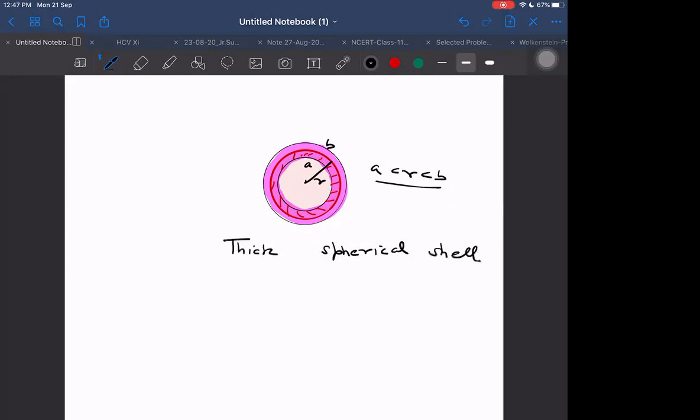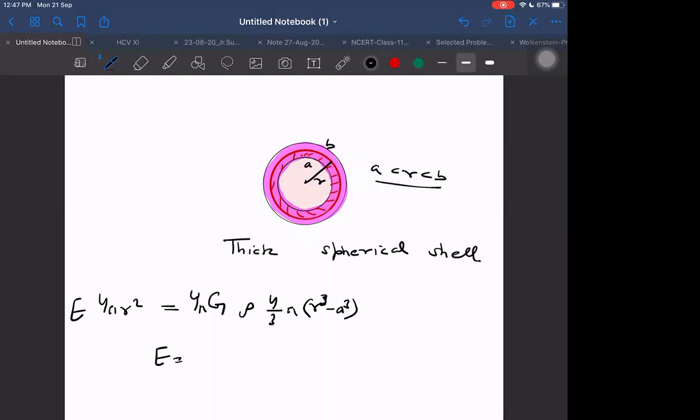For the thick spherical shell, 4 pi G into the mass enclosed, where the mass enclosed is rho into 4 by 3 pi (r cube minus A cube), is equal to E into 4 pi r square, because it is field times the area.